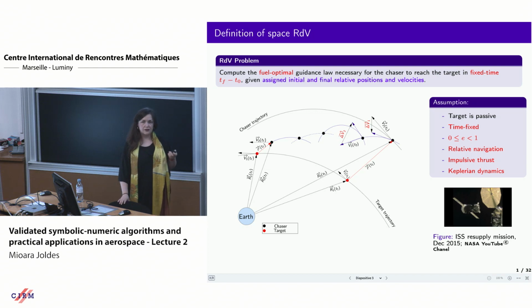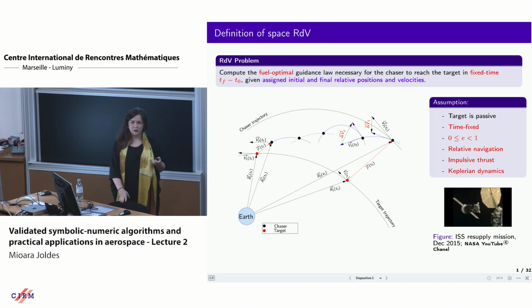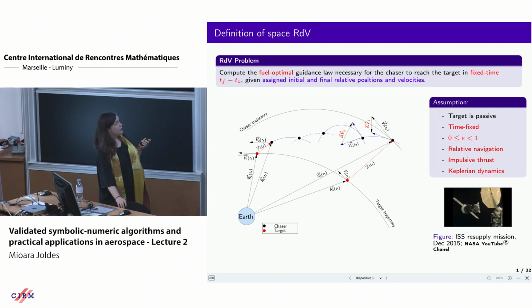It means that it can move in very high bursts, but with very short durations, which can be, in principle, in practice, approximated as impulses or as Dirac functions. So in this case, we would like to find where the chaser should fire the engines in order to reach the target at the precise time with the precise given velocity and position.